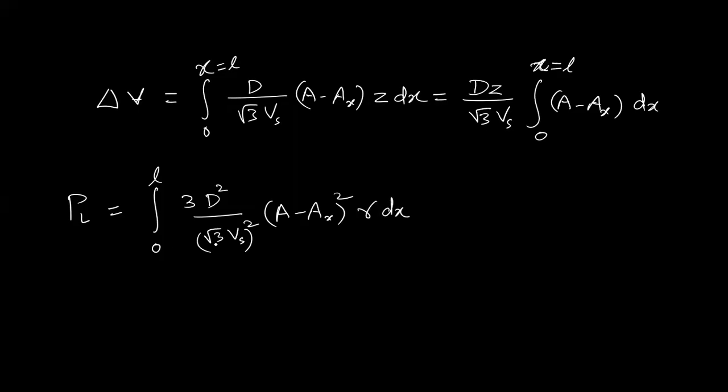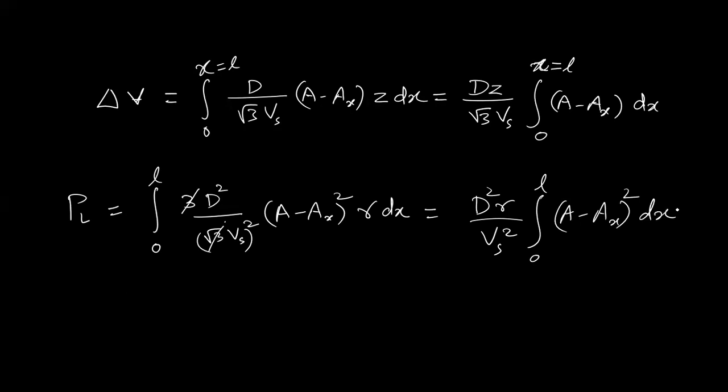In this case, root 3 squared is 3, that cancels with this 3, and what we get is D squared R divided by Vs squared, integration from 0 to L of A minus Ax squared dx. Okay, so that is the thing.